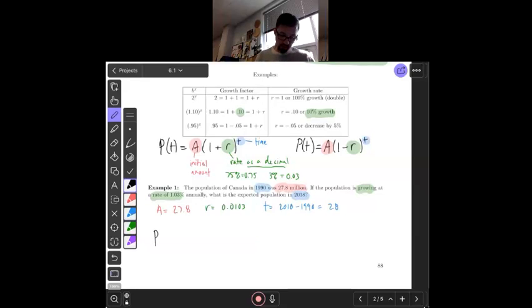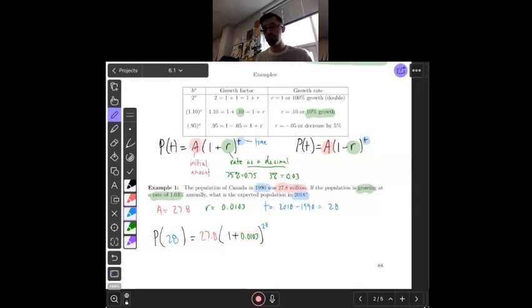But I'm just going to go and plug all that in. I know it's a plus because this is a growing problem. P of t, so our 28 should be there. A, 27.8, times 1 plus 0.0103, all to the 28th power.